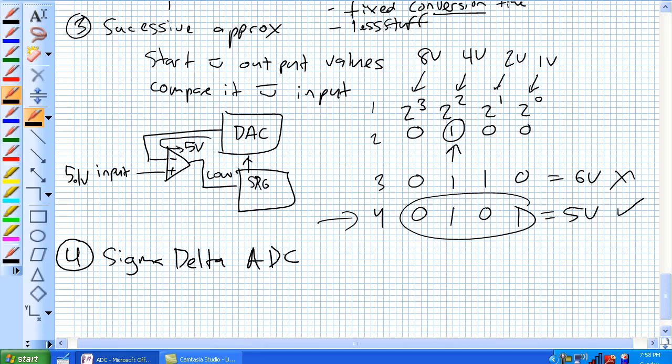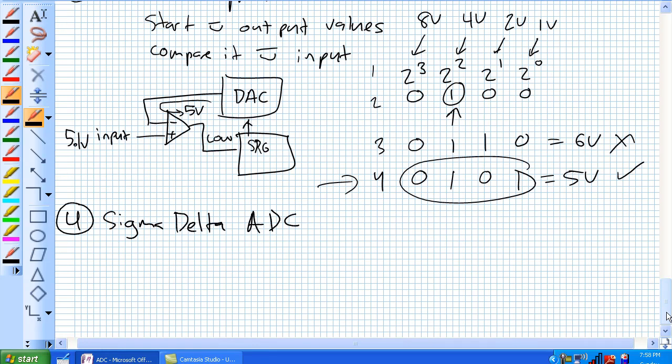And basically, for each sample interval, all you do is send a bunch of ones and zeros depending on the magnitude of that sample value, i.e., the more ones, the more positive the signal.